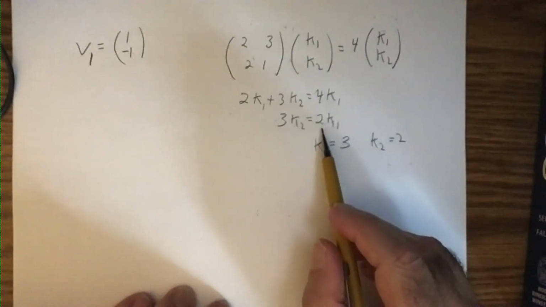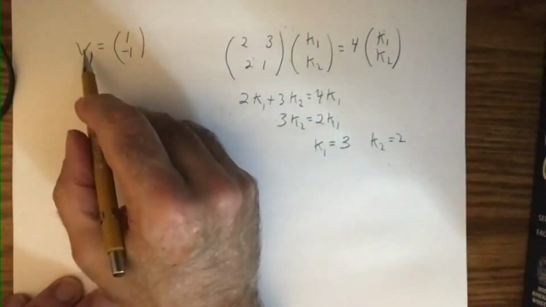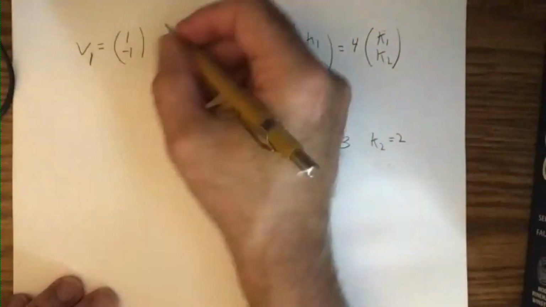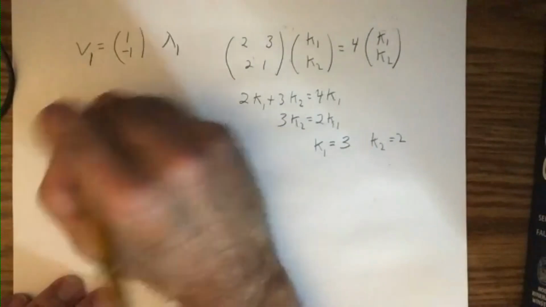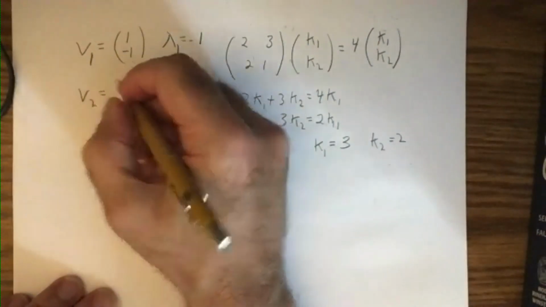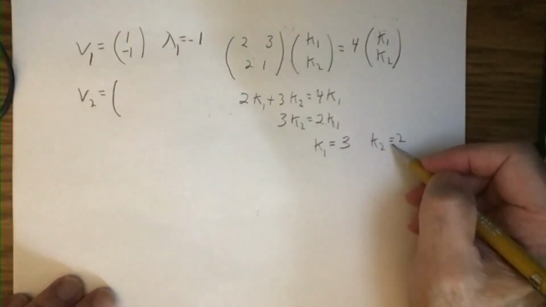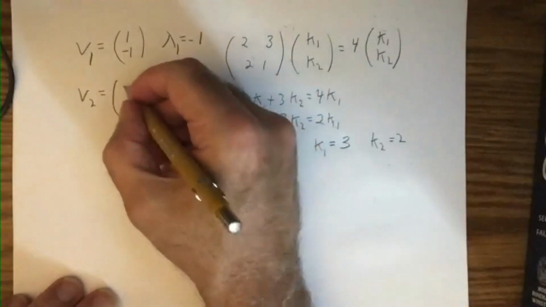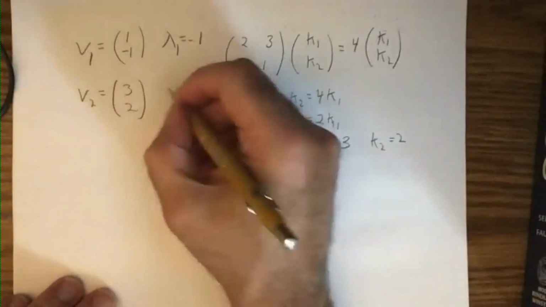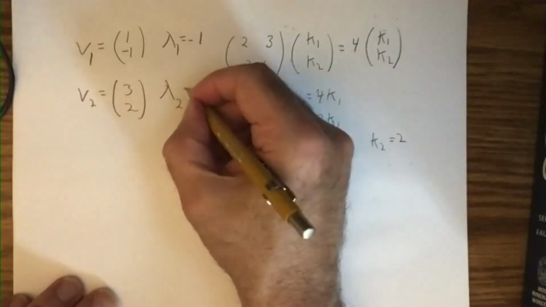So this is the eigenvector associated with the eigenvalue minus 1, and the eigenvector 2 is going to be 3, 2, and that eigenvector is associated with the eigenvalue 4.